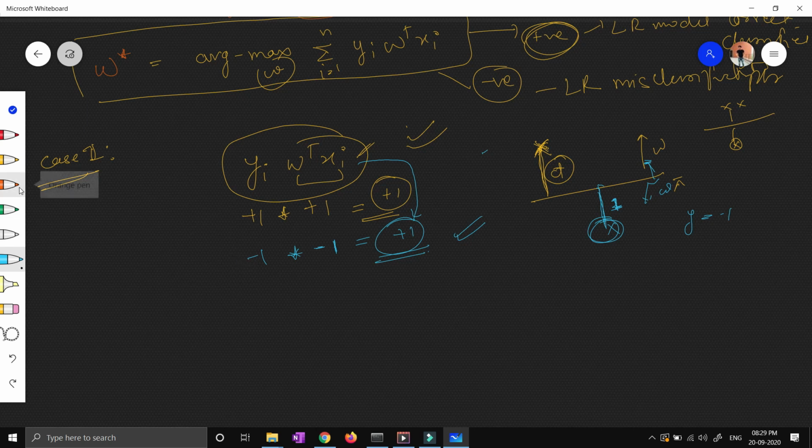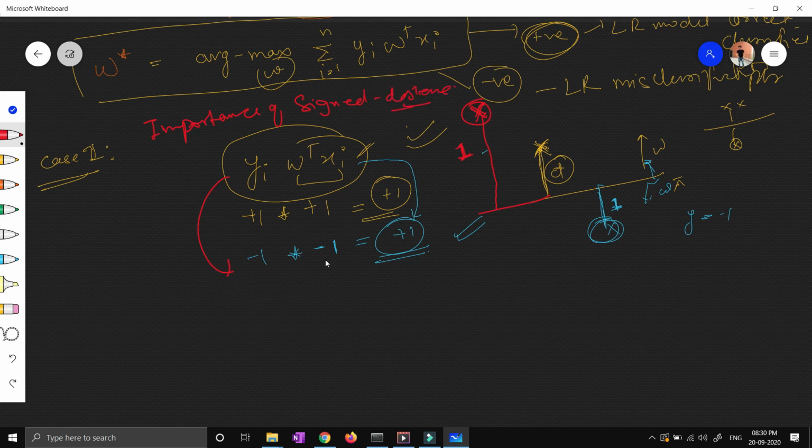Now let's take an outlier. This is my outlier, this is my plane, and let's assume this distance is also 1. What I'm telling you is the importance of the signed distance.